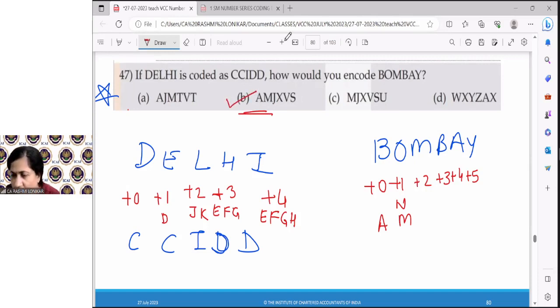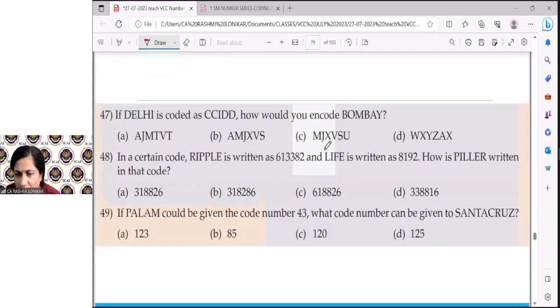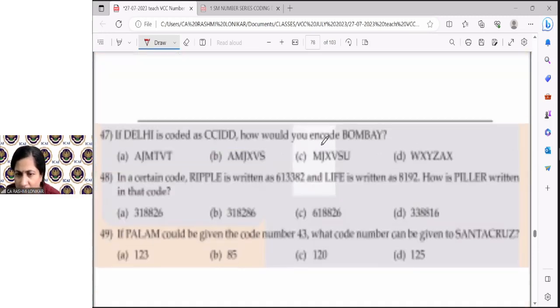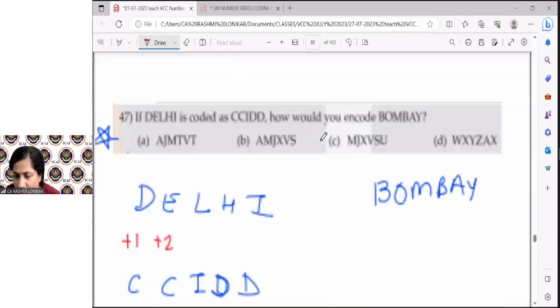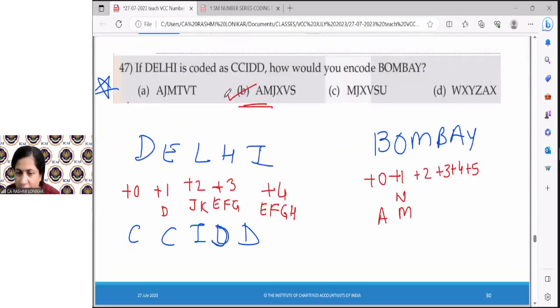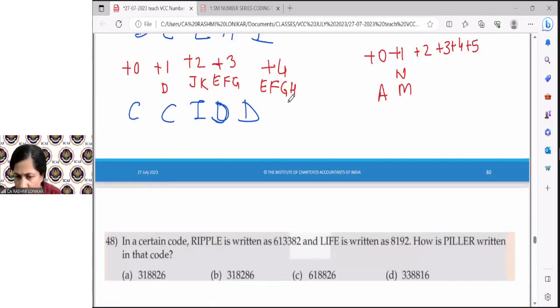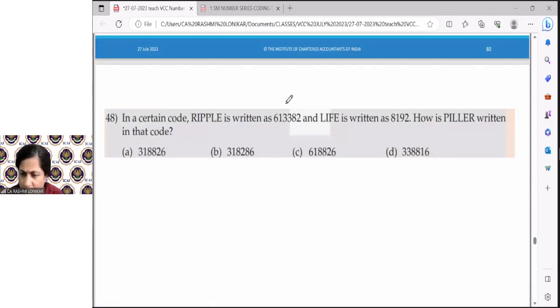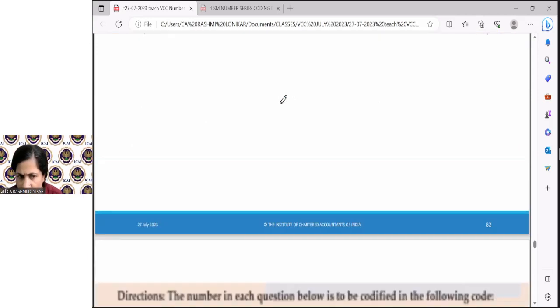So here very clearly, even though you may feel that the answer is a lengthy one, immediately you just have to calculate 2 and then you will get the answer. So B is the correct answer. Yes. And similarly, you should be able to solve them.